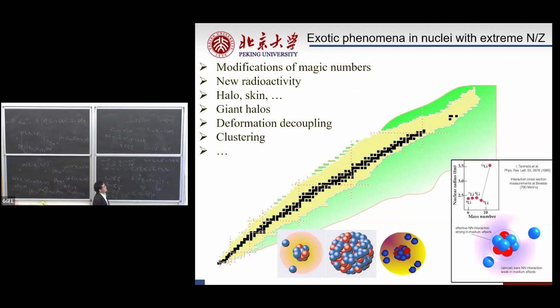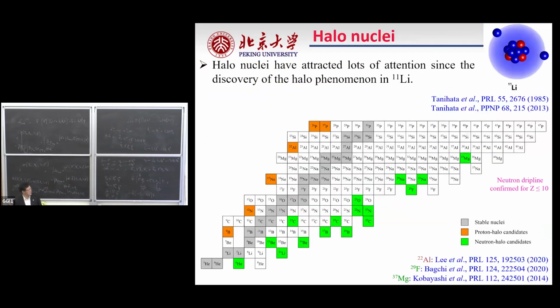And it also tells us the modification of the magic number. We can also investigate new radioactivity, and from the nuclear size we can know the halo and the skin, and also deformation, coupling, clustering, and so on. So this is the information the mass and the radius could provide us.